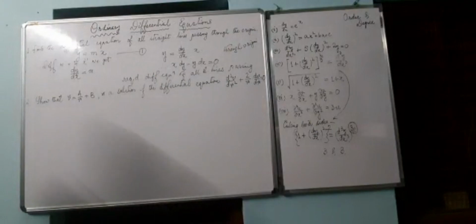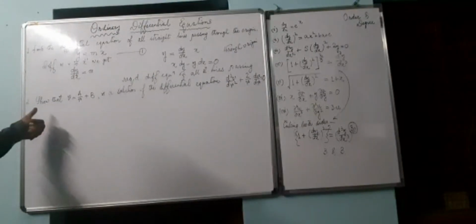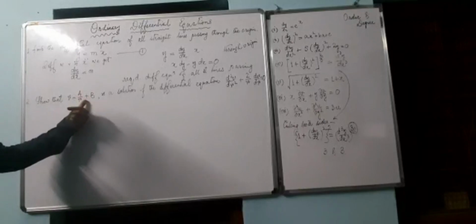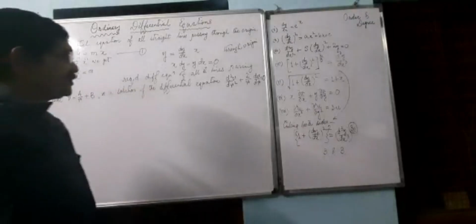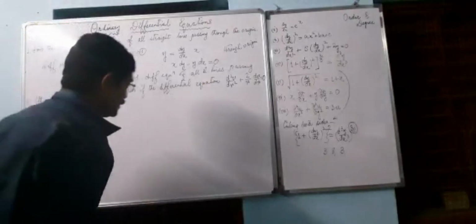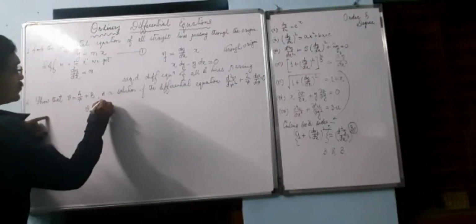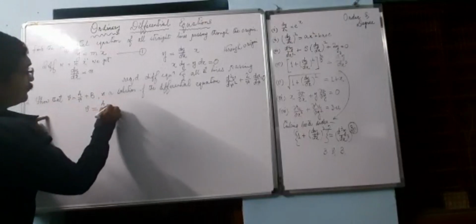Next, the second problem: show that V equals a by r plus b is a solution of the differential equation. Consider the given equation first, V equals a/r plus b.